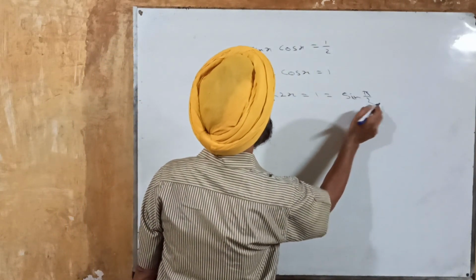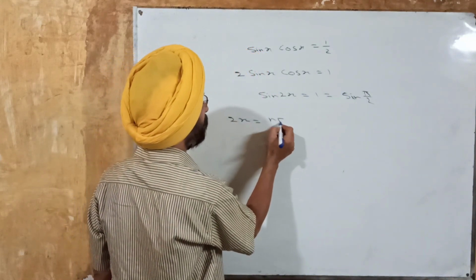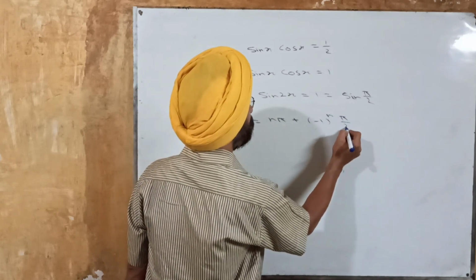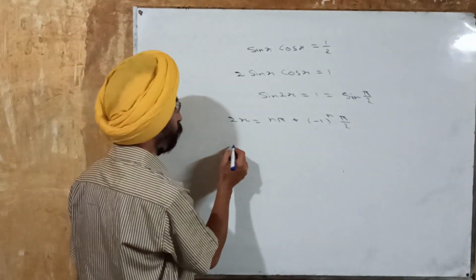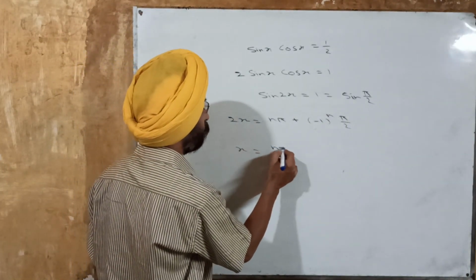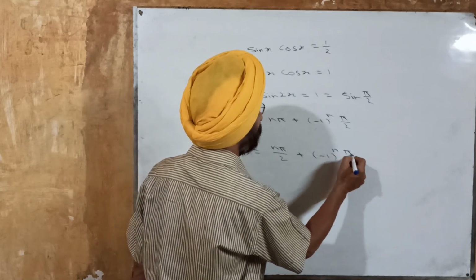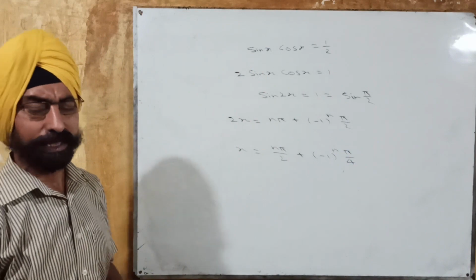And now sin x is equal to sin alpha means 2x is equal to n pi plus minus 1 raised to the power n pi by 2. And now divide both sides by 2, or you can say multiply by 1 by 2, to get x is equal to n pi by 2 plus minus 1 raised to the power n pi by 4, which is the required solution of the given trigonometric equation.